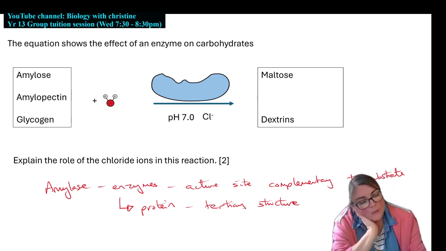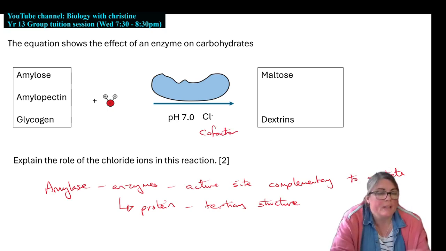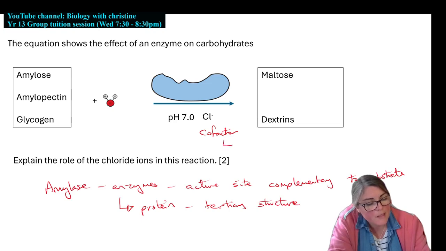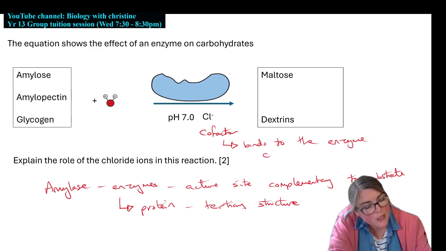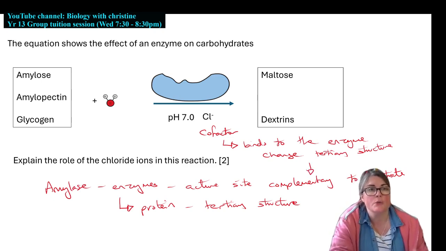Well, the chloride ion is a cofactor. When this cofactor binds to the enzyme, it is going to change the tertiary structure, therefore making it complementary to the substrate.